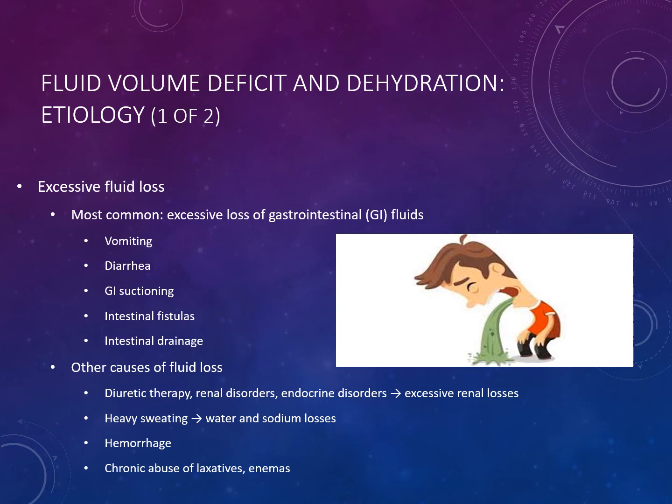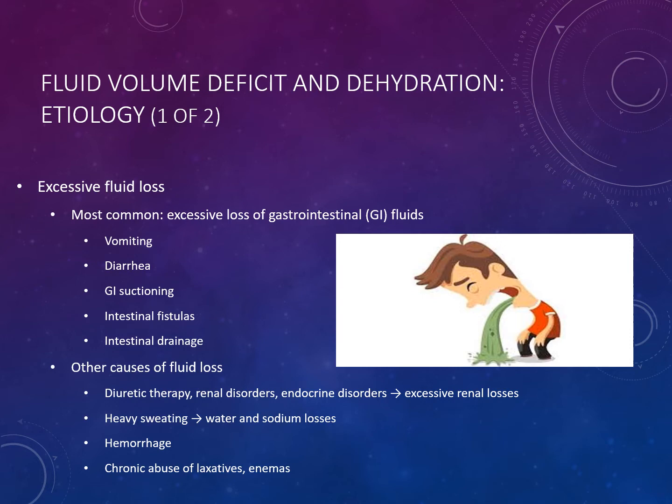Excessive fluid volume loss. Most common excessive loss is the GI fluid, and so what you see is vomiting, diarrhea from GI suctioning, intestinal fistulas, and intestinal drainage, diarrhea and things like that. Other causes of fluid loss are diuretics, renal disorders, endocrine disorders, excessive renal losses, sweating heavily, water and sodium losses, and we talked a lot about that in the other recording.